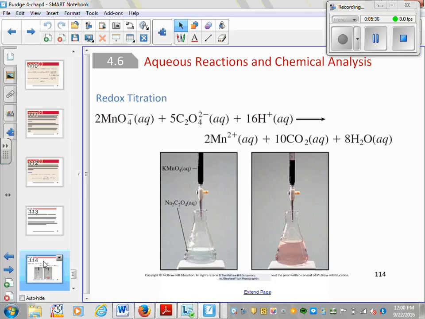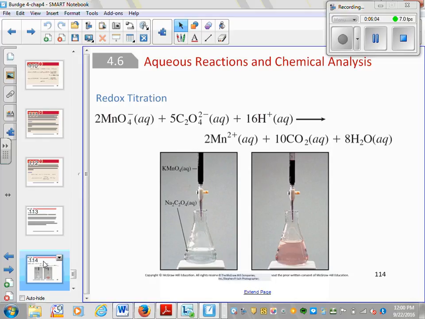Loses an electron. So since the carbon is losing an electron, what's happening to it? It's being oxidized. The manganese is gaining electrons, so it's being reduced. It's got to be the opposite.